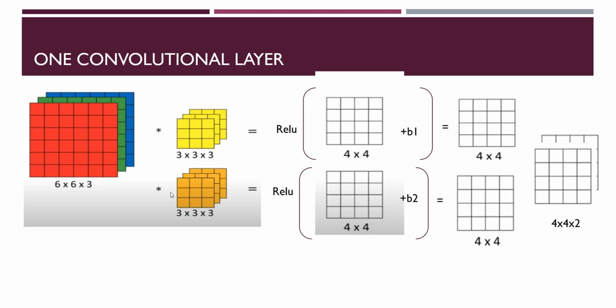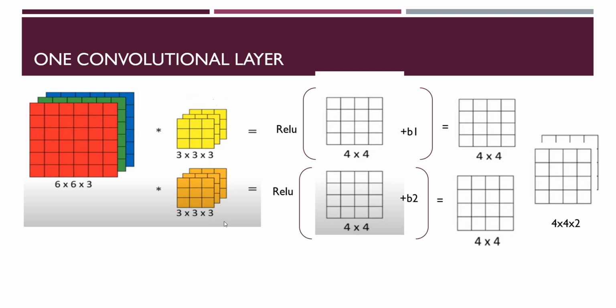So even if we see in the last example, whatever filters we are using, like 3 by 3 by 3 are the number of parameters for each filter. So for this first filter, you have 27 parameters plus 1 for the bias. So total 28 parameters, and since there are two such filters, you multiply it with 2.